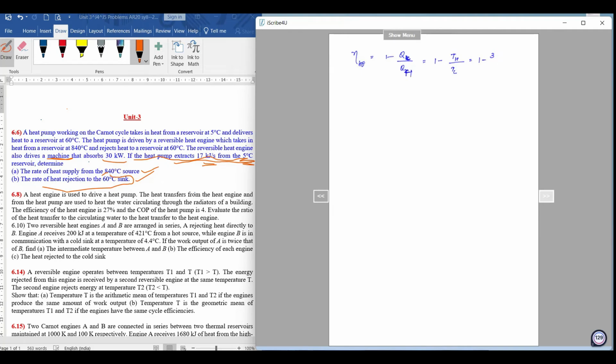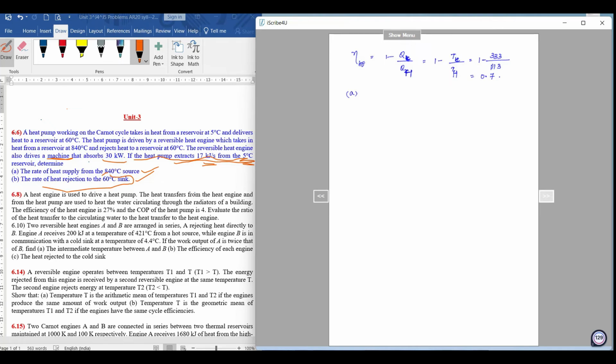Sorry, I'm very sorry, please correct this: QC by QH. Because it's a Carnot engine, this becomes 1 minus TC by TH. So TC is 333 by 1113. So this will be approximately equal to 0.7. Right? So that is 70%. Efficiency is 70%.